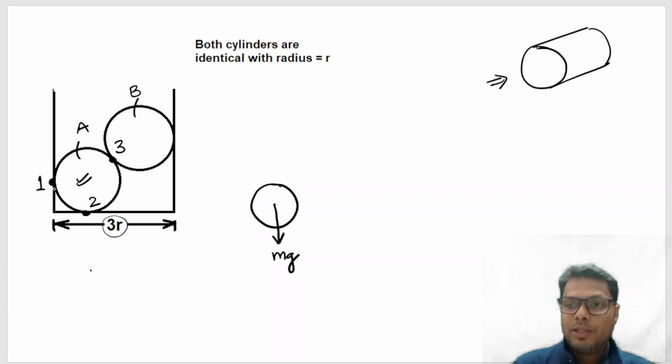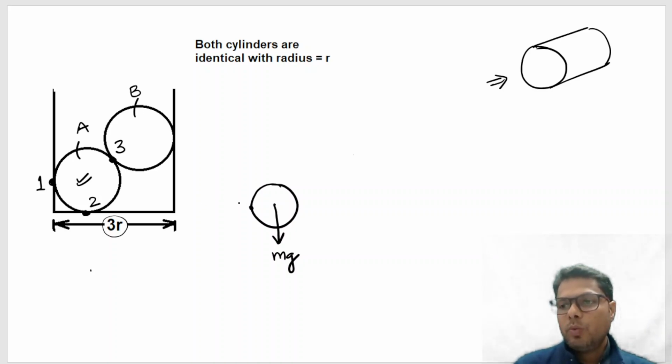What will be the magnitude? We will name them N1, N2 and N3. At point 1, the magnitude is N1. N1 will be calculated through some other procedure when we solve the problems. Here we are concerned only about the free body diagram.